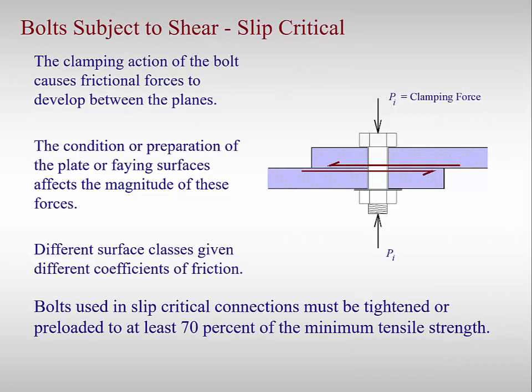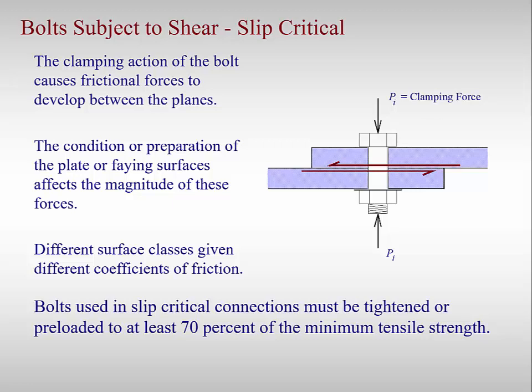As mentioned before, the load transfer method for slip critical connections is by friction between the faying surfaces. The condition or preparation of the plates or faying surfaces affects the magnitude of these forces, as this will affect the coefficient of friction.